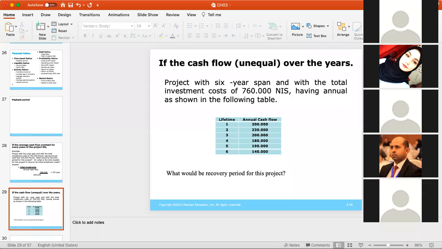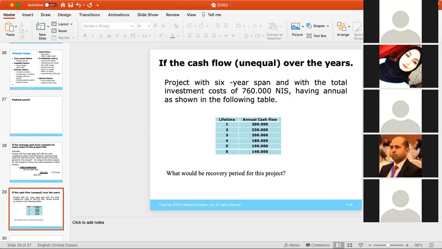We have to deduct each annual cash flow, starting from year one, from the invested capital. For example, the annual cash flow for year one equals 200,000, and the initial invested capital is 760,000. So 760,000 minus 200,000, the result is going to be 460,000.